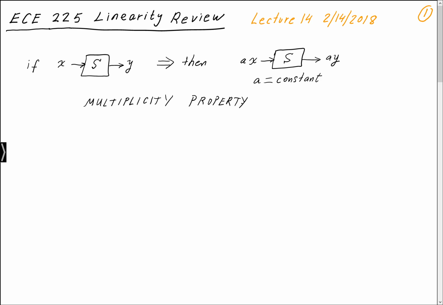Then there's one more property, and systems that have both these properties are called linear systems.